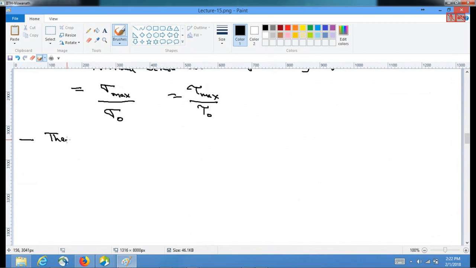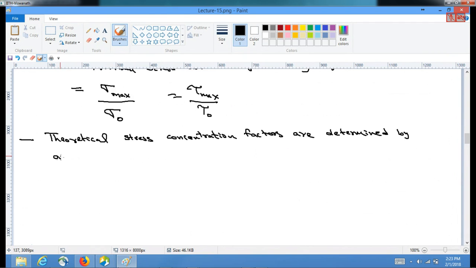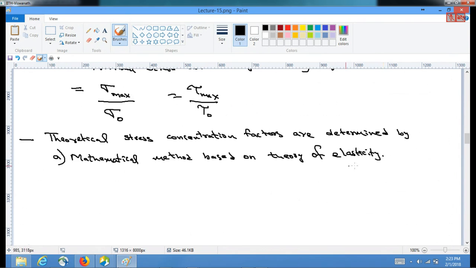The theoretical stress concentration factors are determined by using mathematical methods based on theory of elasticity for the elastic component, but sometimes you can also use theory of elastoplasticity if the material starts yielding.